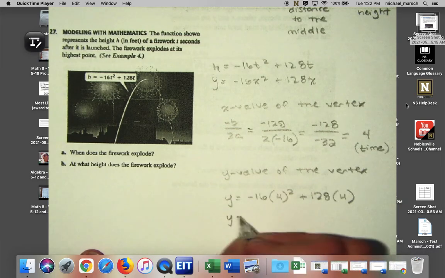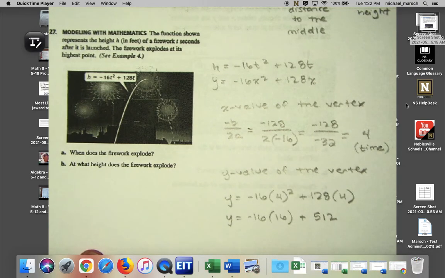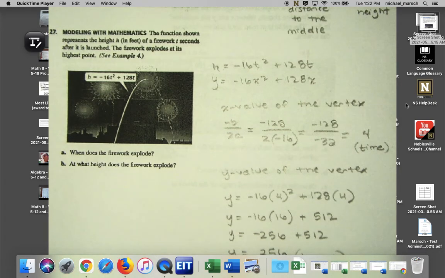So then I end up with y equals negative 16 times 16 plus 512. So now I have the time and the height, which will give me the vertex. The time matches up with my x values. The height matches up with my y values.